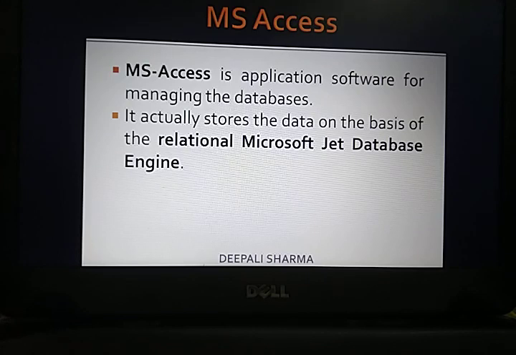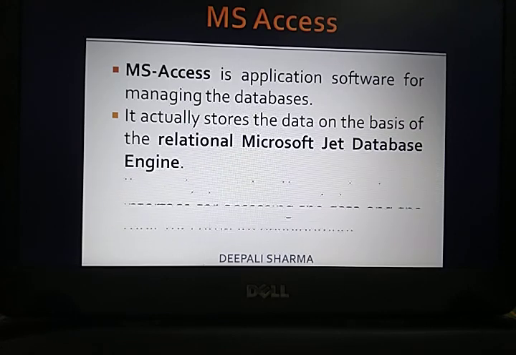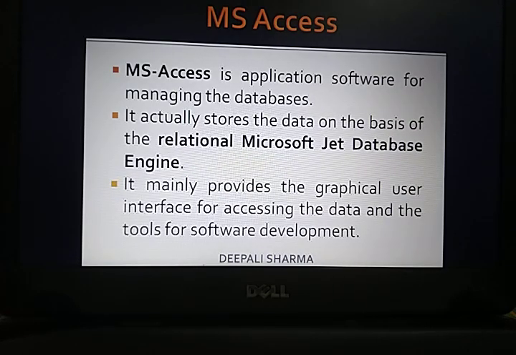Similarly in MS Access, the Microsoft Jet database engine is there, in which MS Access stores the data. It mainly provides the graphical user interface for accessing the data and the tools for software development. When I show you the MS Access window, you will see that it provides you the GUI format, that is graphical user interface.